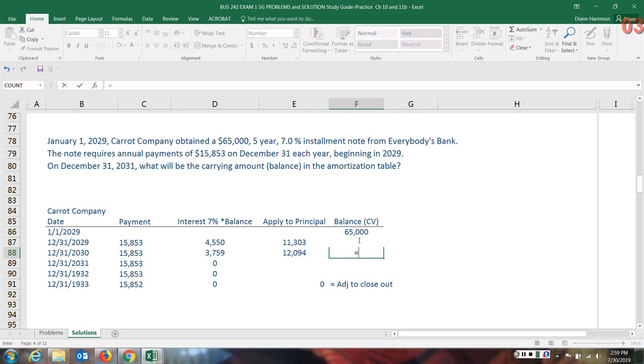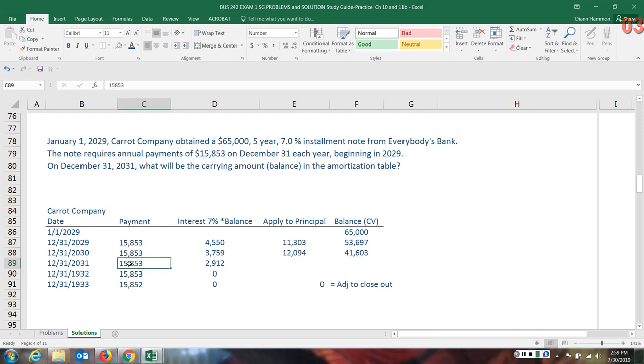Let's take the previous balance, which is in F87. So I'm going to say equals F87 minus the amount being applied to principal. So we get a balance of $41,603. We're just going to work through this whole table and then we'll come back and answer the question.